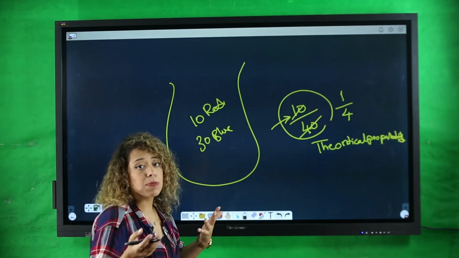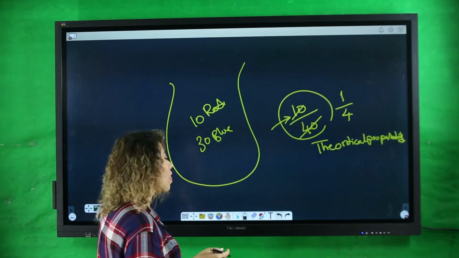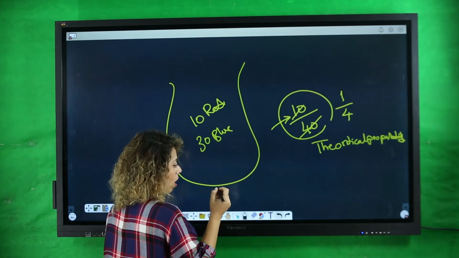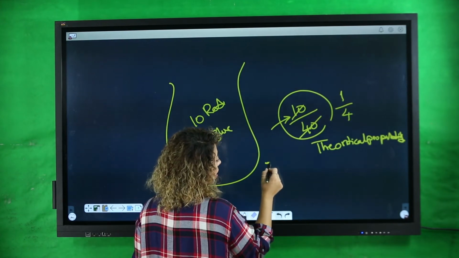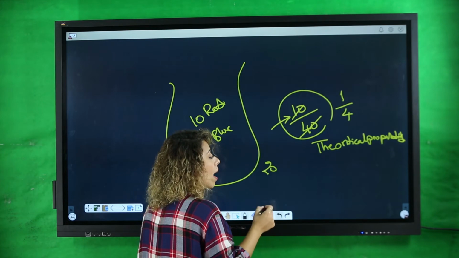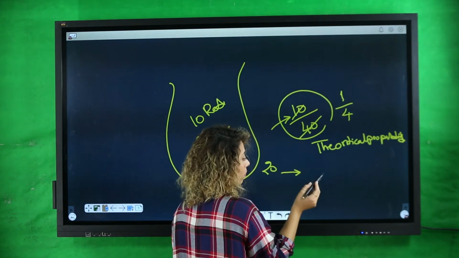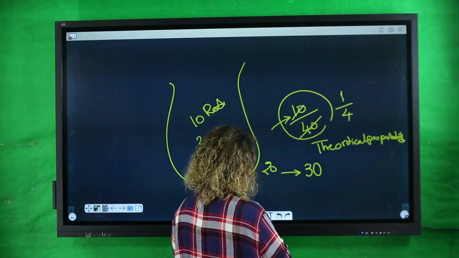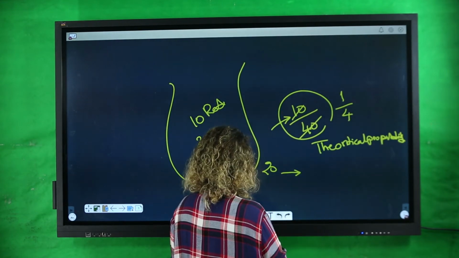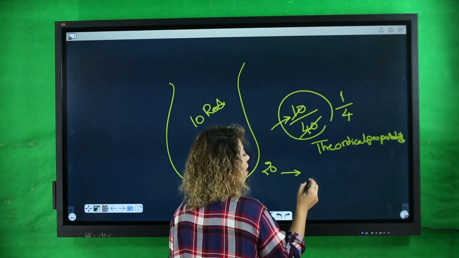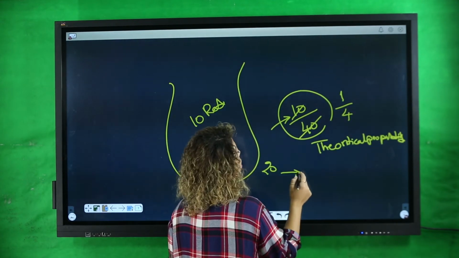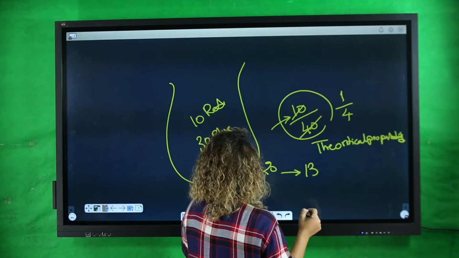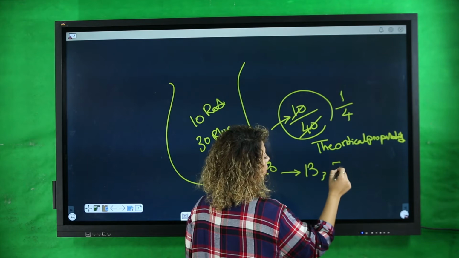Well, I've done an experiment. When I tried this experiment for 20 times, I picked the red 13 times and the blue 7 times.